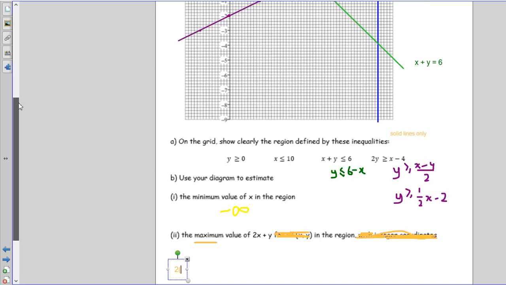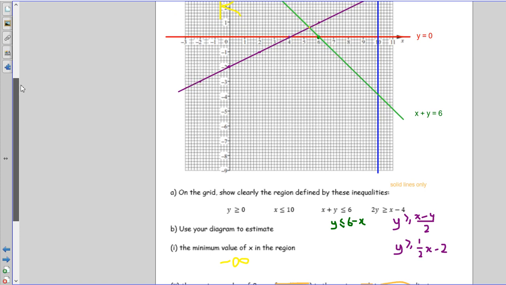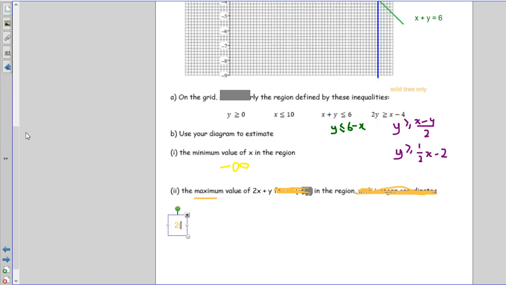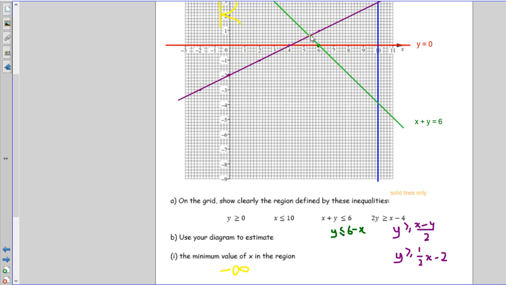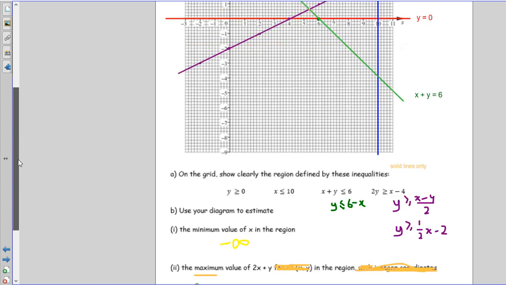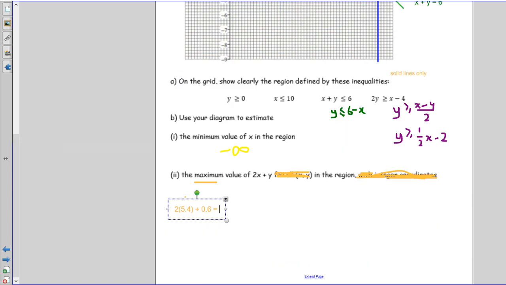According to that, it's about 5.4. So 2 times 5.4 plus whatever the y was for that, plus 0.6. What does that equal? 0.6 or 0.8 or 0.7, whatever your graph says. So 2 times 5.4, have a think, that's 10.8. 10.8 plus 0.6 is 11.4. So we'll have to decide, is that going to be the maximum value?